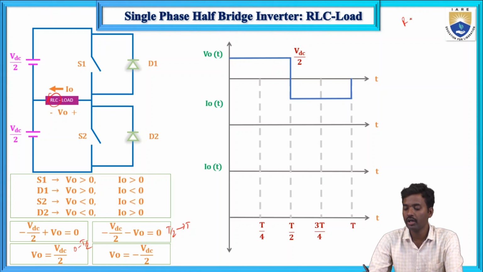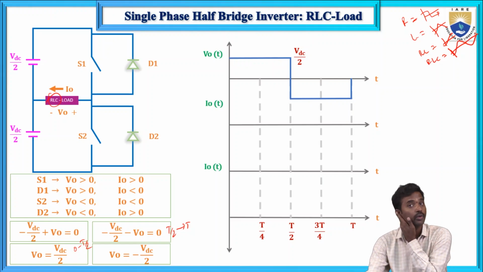So for R load, that is a square waveform. For L load, that is a triangular waveform, and for RL load, that is exponential. For RLC type of load, that is a sine wave.